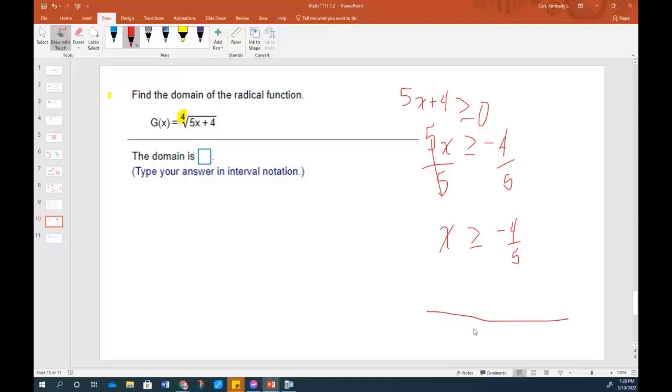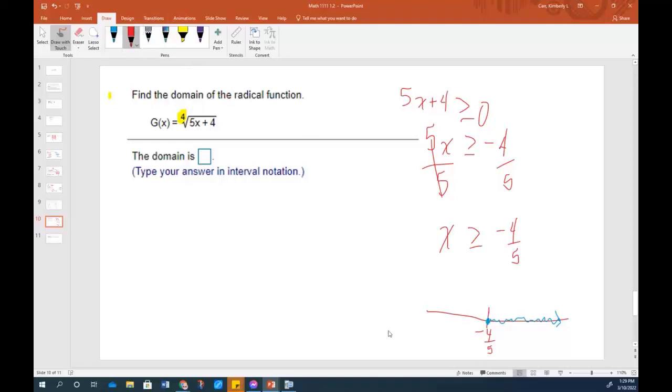So now if you can visualize that number line, somewhere on it, there's a -4/5. I know it's between 0 and -1, but that's not real important as far as figuring this out. What we're going to do is say, okay, then my answer needs to start at -4/5 and get bigger. So this is what I'm trying to explain in my interval.